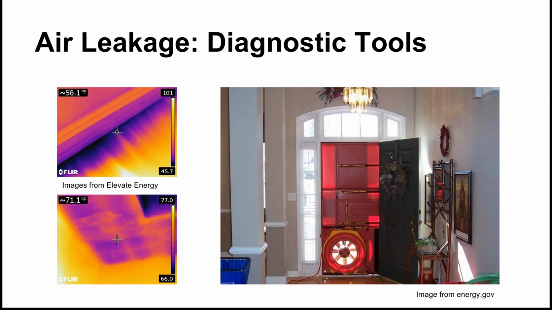But in addition to that, you're looking for fingers of cold air, and you can kind of see that here on the top left. This is a baseboard in one of the buildings I've been to. So you can see not only is there a lot of cold space right here, but it's also infiltrating into the building. So that's a good example of an area that could be sealed to prevent problems like that.